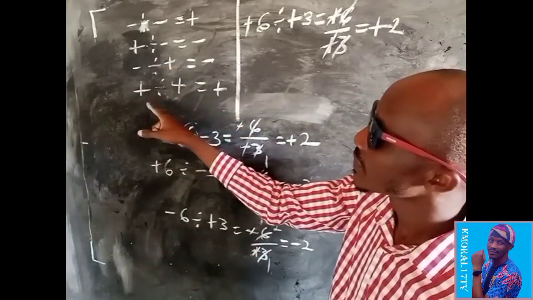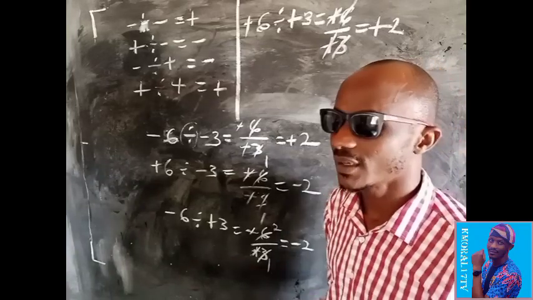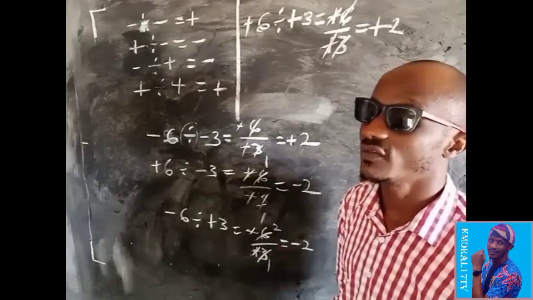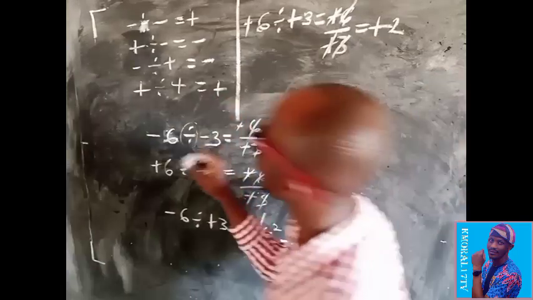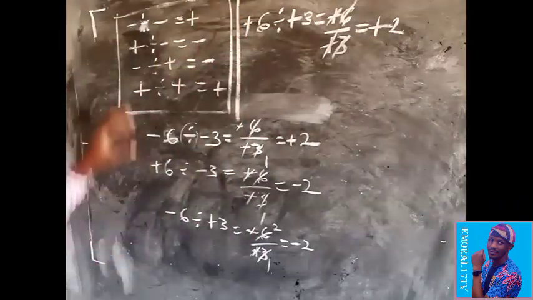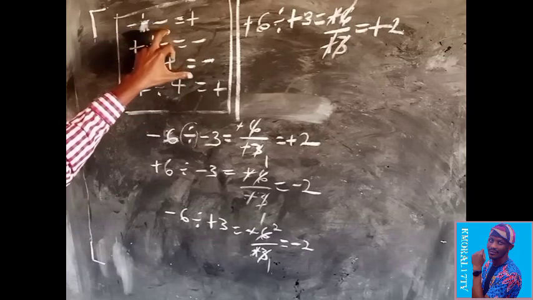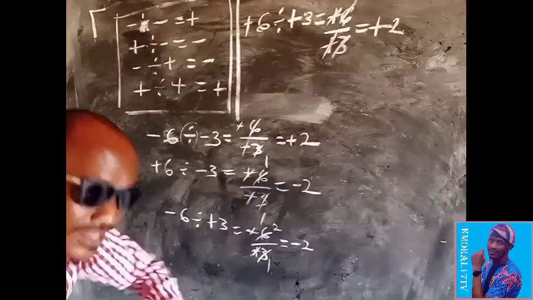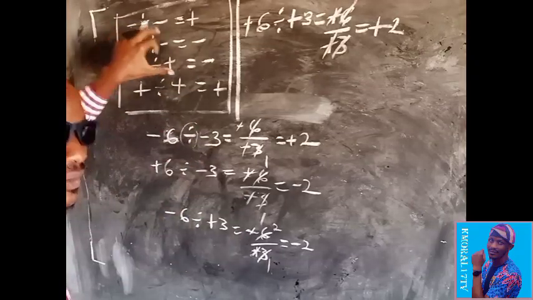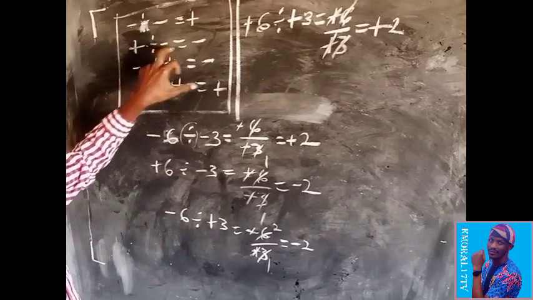Then plus times plus as well is still the same answer. But note this very importantly, that you have to put these things in your brain. Once you can put this in your brain, and they ask you what is minus divided by minus, it's equal to plus, still the same thing as minus times minus to give you plus. It's still the same thing as plus divided by minus to give you minus.